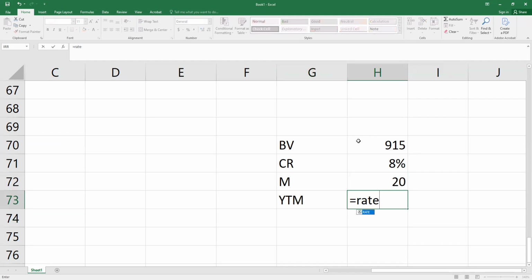Rate, number of periods is 20, and we assume it's annual. Payment is the coupon rate multiplied by 1,000.